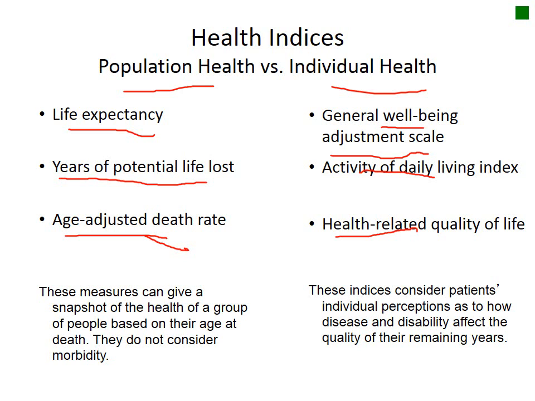And then we can also, when we need to, do some calculations of a utility. We can determine death rates, and we can make sure that we're adjusting them appropriately. So these measures can give a snapshot of the health of a group of people based on their age at death rate.